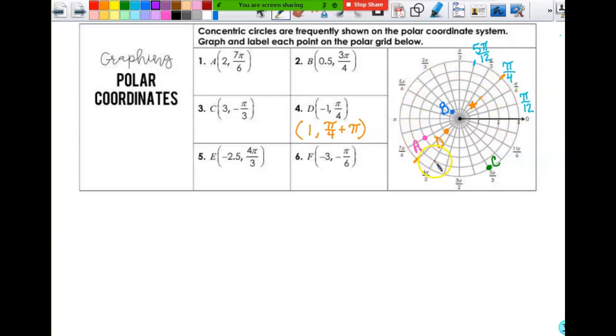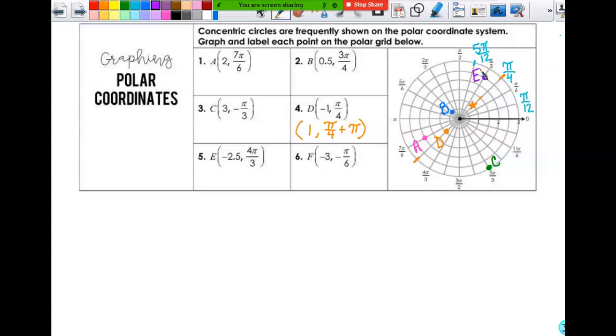But since the radius is negative, I don't leave my point there. I pass through the pole and end up over here, and that's point E. Do you agree with that? Any questions at all?